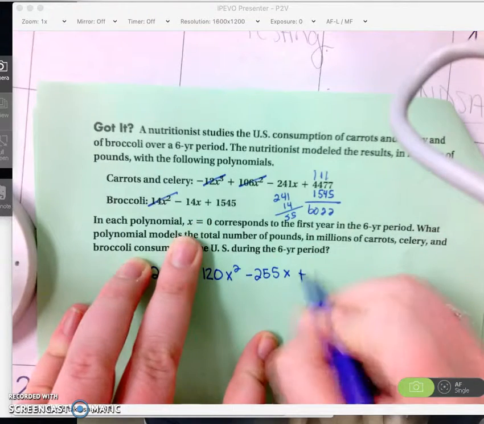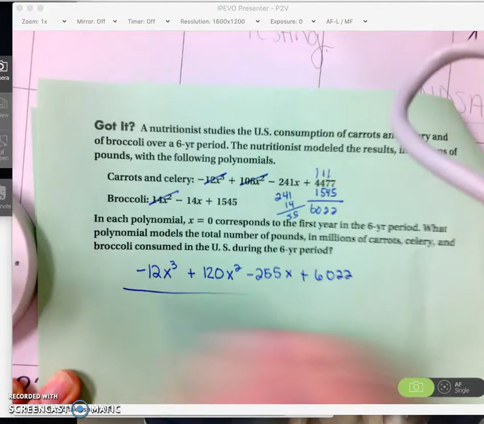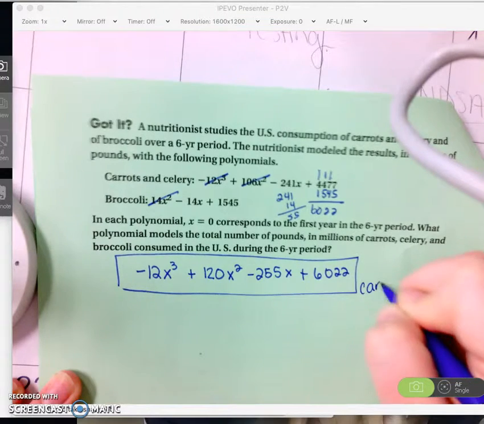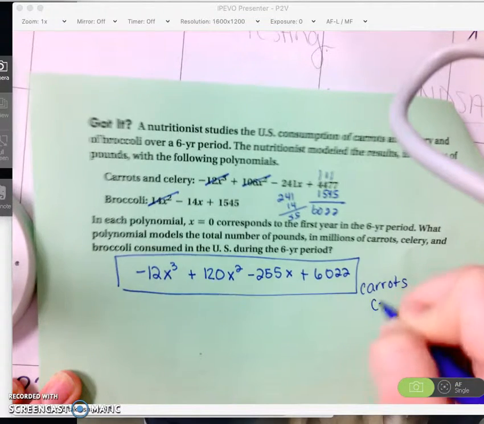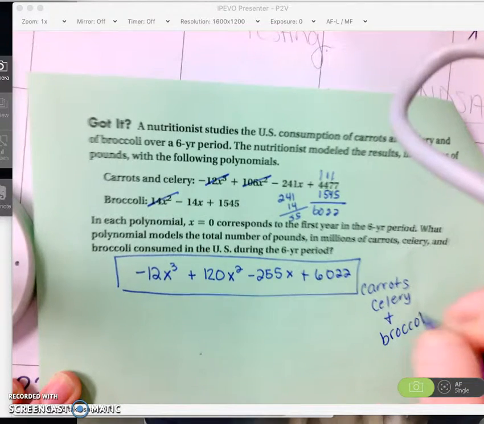So then plus 6,022. And that would be my answer, and I would want to write my label, carrots, celery, and broccoli. Okay.